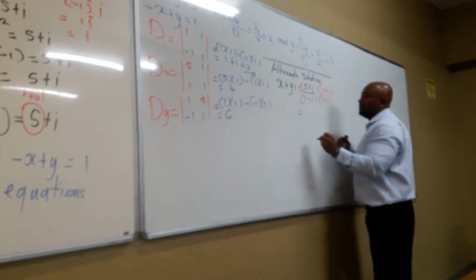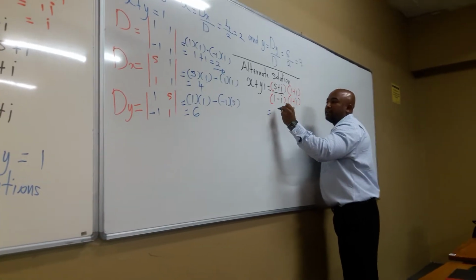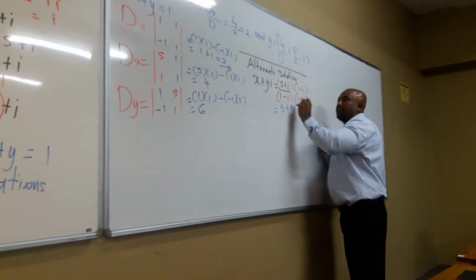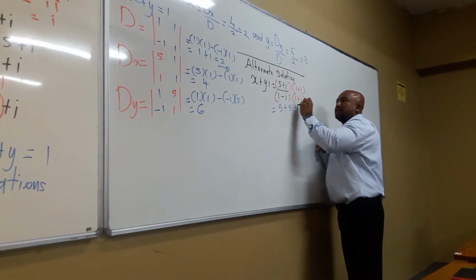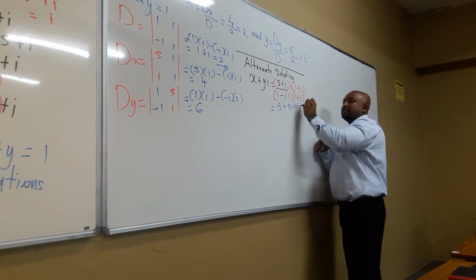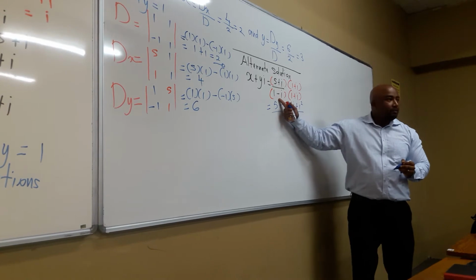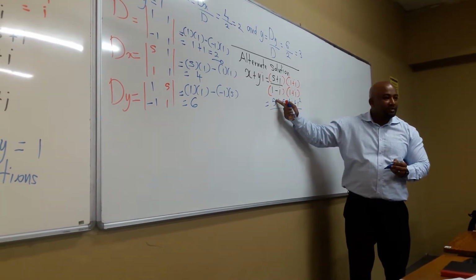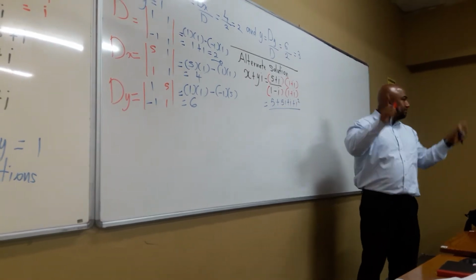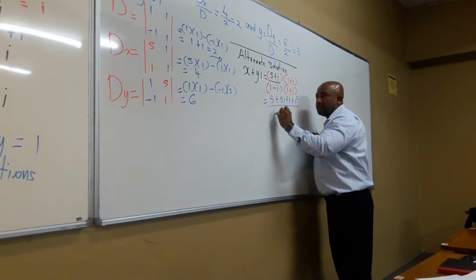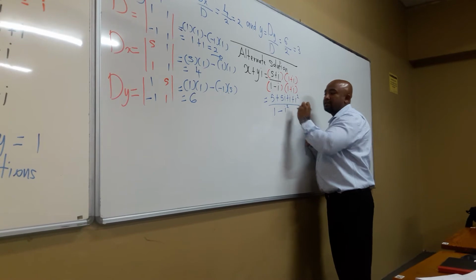So let's multiply. So here 5 times 1 that will be 5, 5 times i that will be 5i, i times 1 that is i, and then i times i is i squared. Here the bottom is always the difference of two squares. There's no need to multiply it out the long way. So that will be 1 times 1, which is 1 minus i squared.